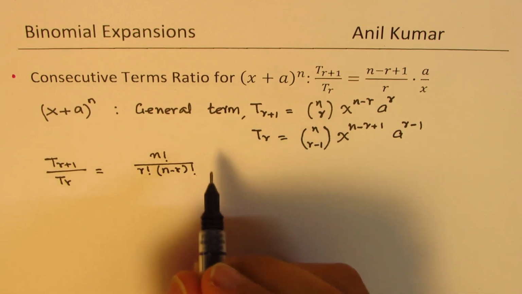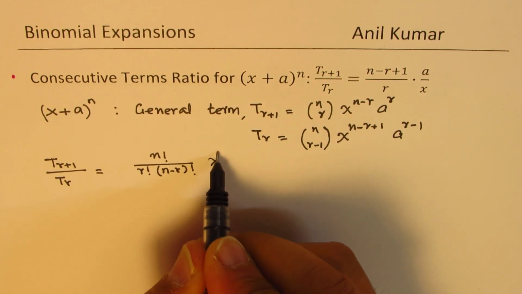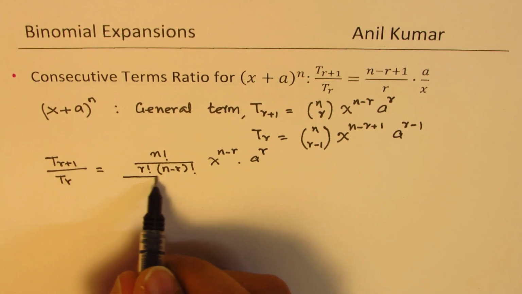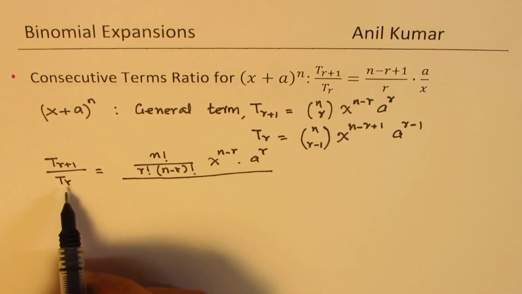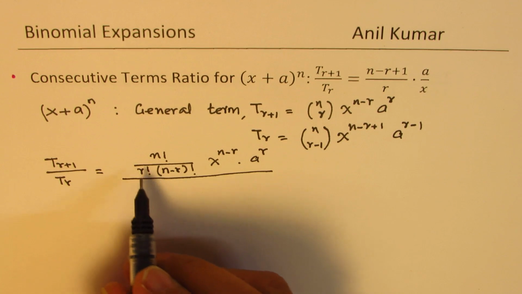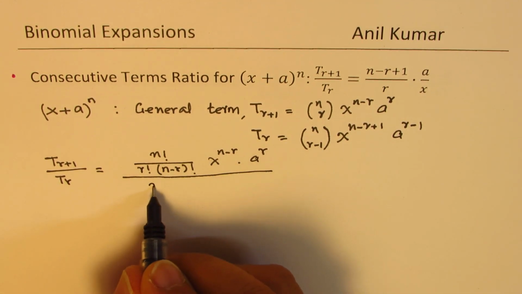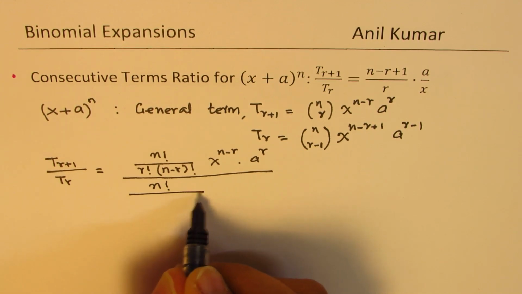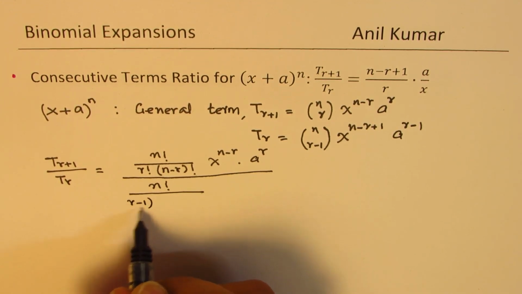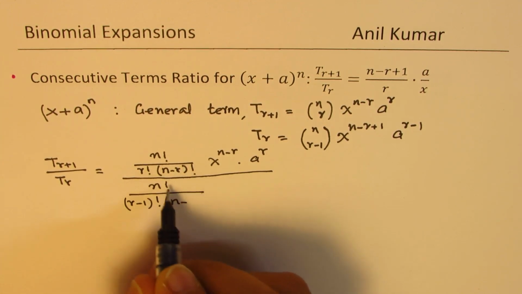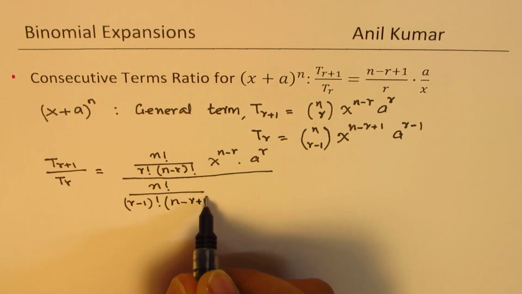That is nCr, and we have the term x to the power of n minus r times a to the power of r, divided by, now in this same strategy, we'll replace r with r minus 1. So we get n factorial divided by (r minus 1) factorial, times (n minus (r minus 1)) factorial, and n minus r minus 1 makes it plus 1.